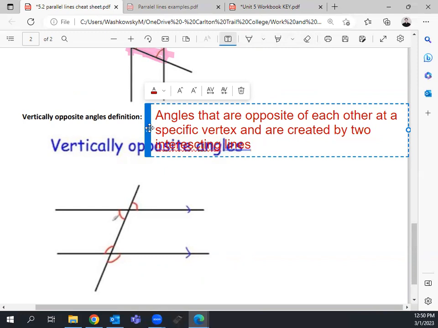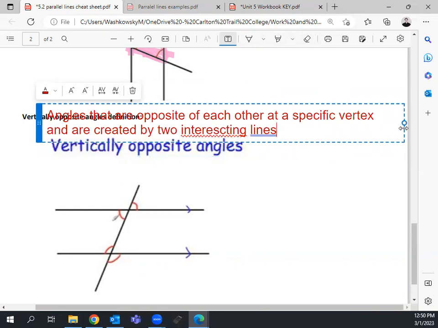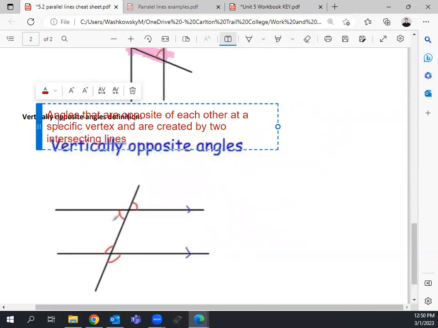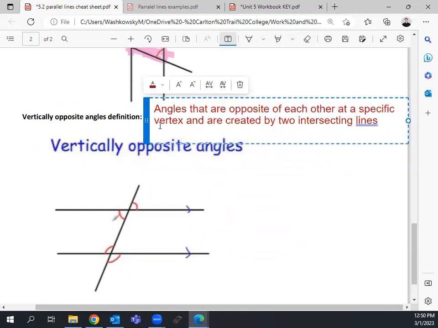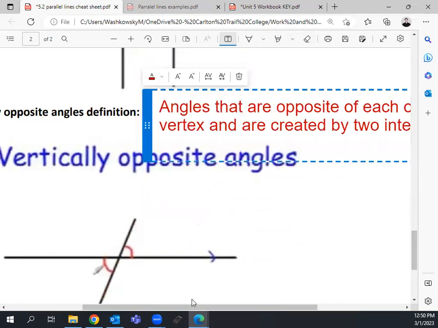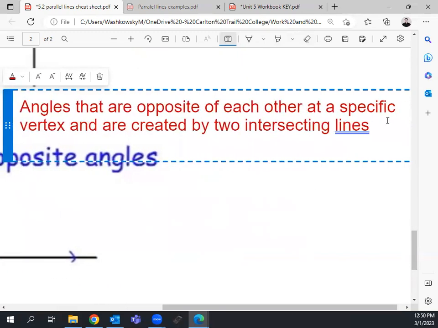I'm going to make it smaller and I'll zoom in. The angles that are opposite of each other at a specific vertex and are created by two intersecting lines. These angles are equal.